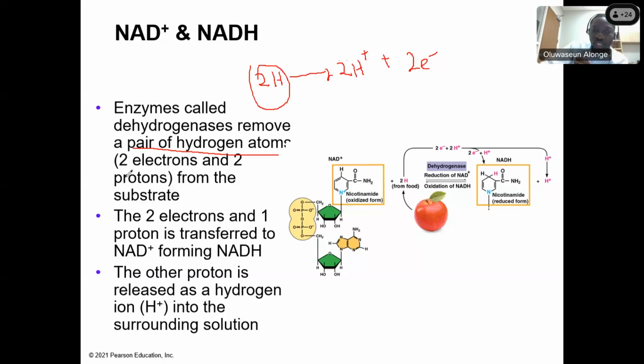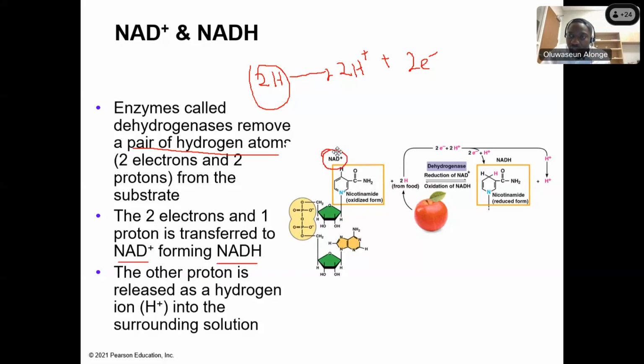So in essence, the 2 electrons and 1 proton are transferred to NAD plus, and then it forms NADH. The other proton is released as a hydrogen ion into the surrounding solution. All right, so this is what we are talking about here: NAD plus is right there, waiting to accept electrons.